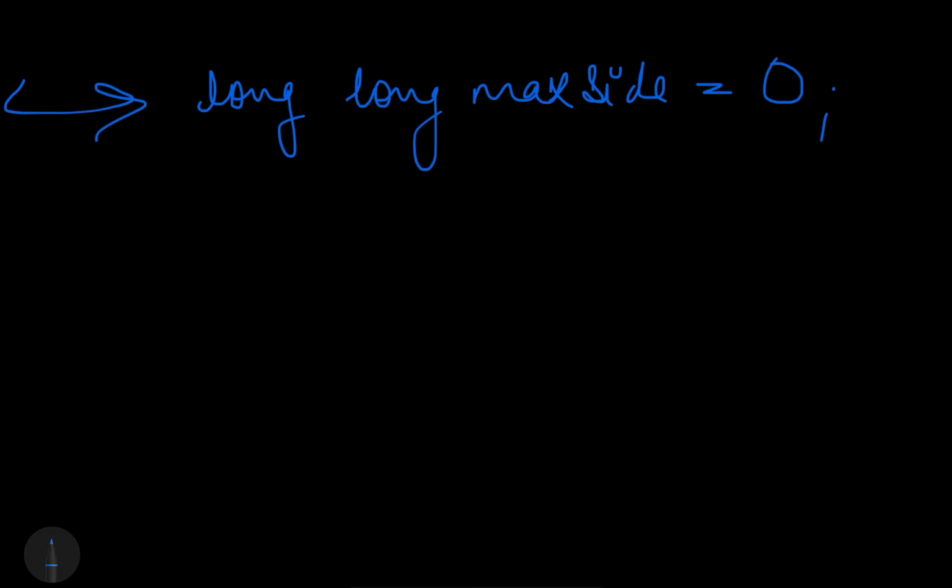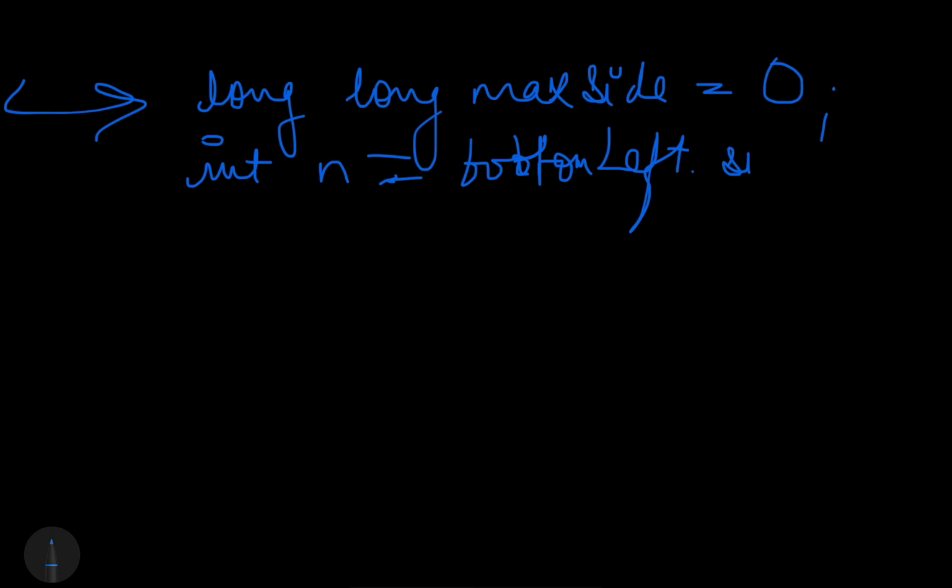Okay, now we'll define another variable in which we store bottom left dot size, meaning the size of the array. Both the arrays have the same size, so you can take either bottom left or top right.